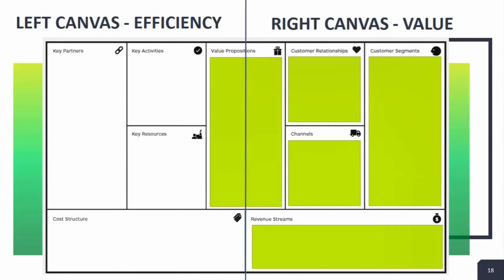On the backstage, that is left side, the canvas describes what resources, activities, and partners you need to create this value and how that generates costs. Broadly speaking, we can say that those elements on the left hand side of the canvas represent cost to the business, that is efficiency, whereas elements on the right hand side generate revenue for the business, that is value.